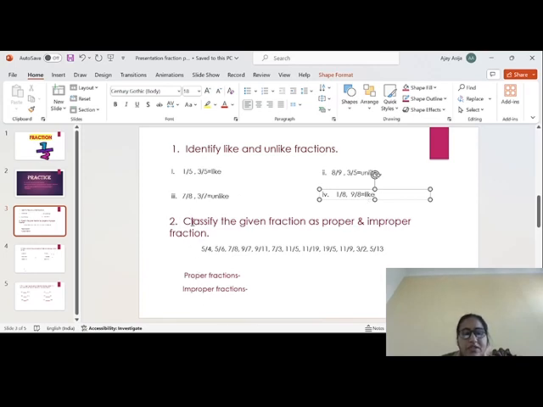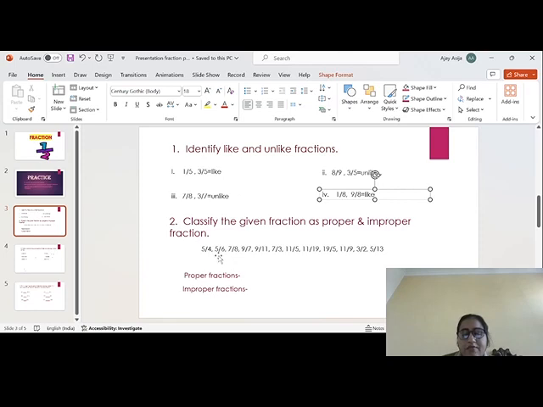Second type of question is classify the given fractions as proper and improper fractions. So we have to categorize these given fractions into two categories, proper fraction and improper fraction. So what are proper fractions? Proper fractions are those fractions which have numerator less than the denominator.